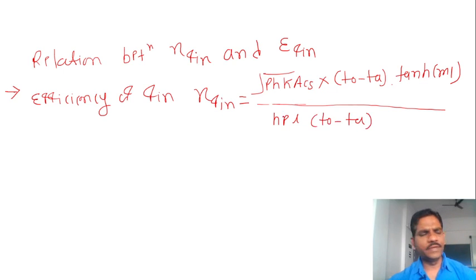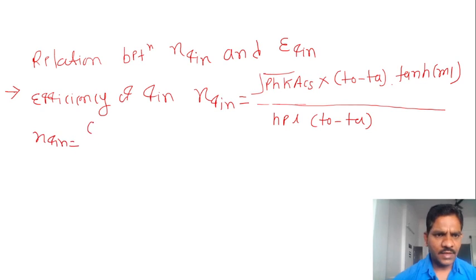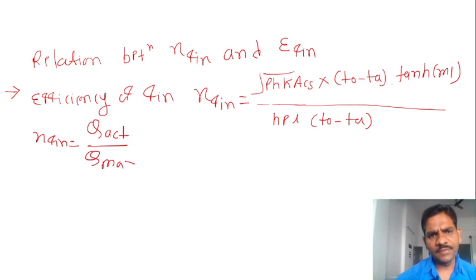We already learned this definition of fin efficiency yesterday. Fin efficiency is defined as the ratio of actual heat transfer to the maximum possible heat transfer from the fin if the entire fin area were at the base temperature, means Q actual upon Q max. So Q max is hPL into (T0 minus TA), and Q actual is this one. Suppose this is equation number 1, guys.